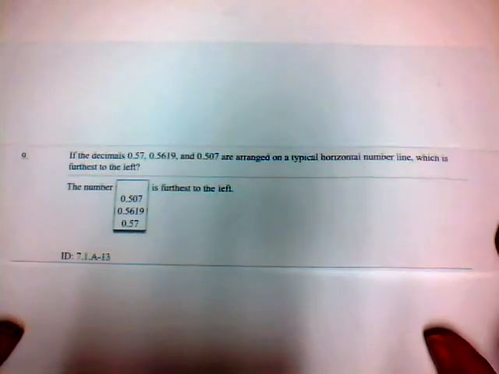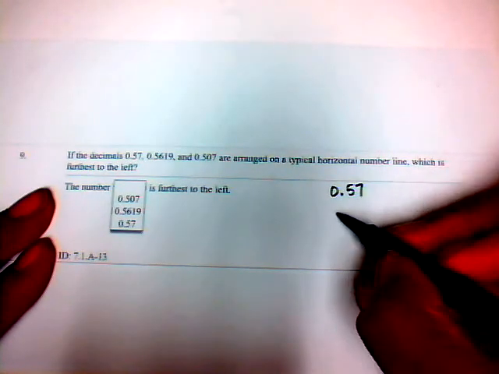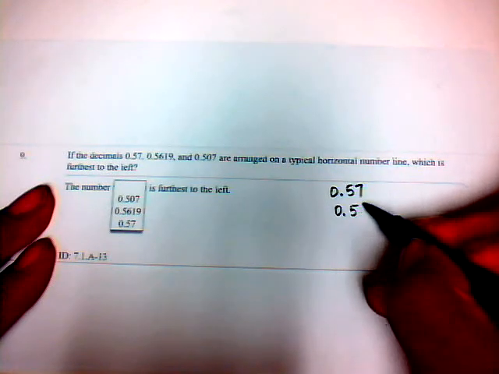Right, problem number 9. If the decimals 0.57, 0.5619, and 0.507 are arranged on a typical horizontal number line, which is furthest to the left? Okay, now you can line these up. 0.5619 and then 0.507.